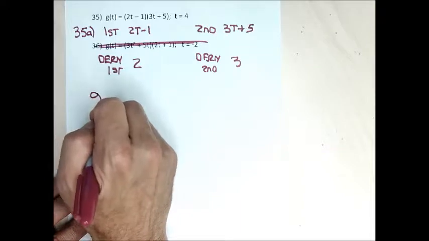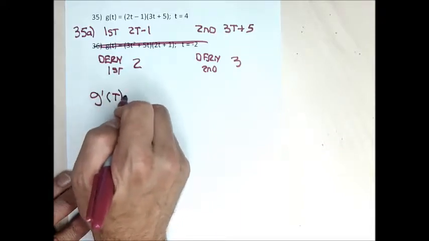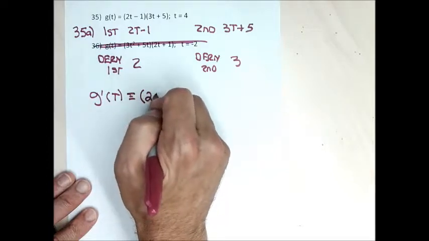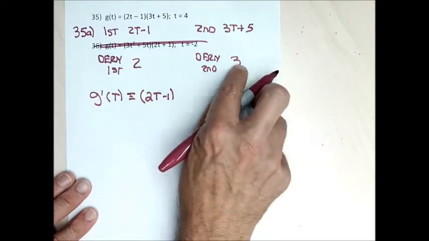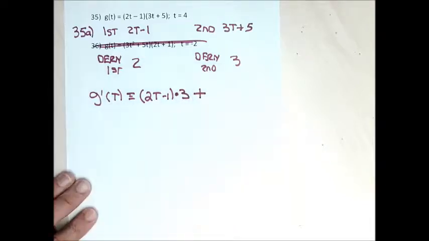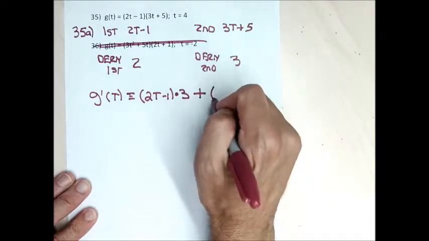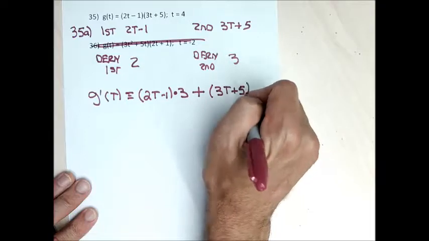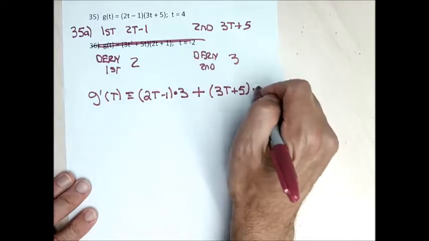So the derivative using the product rule is going to be first factor, 2t minus 1, times the derivative of the second, plus in the product rule, minus in the quotient rule, plus second factor, 3t plus 5, times the derivative of the first factor, 2.